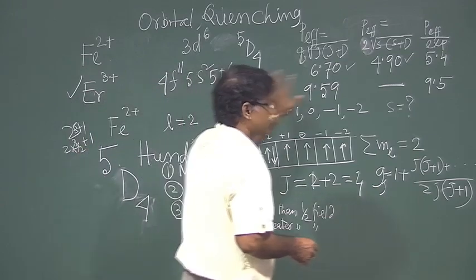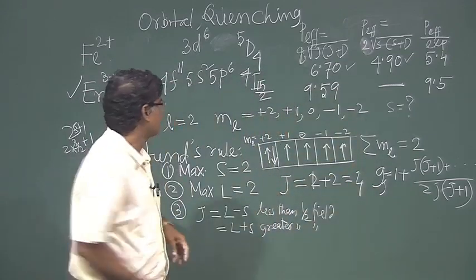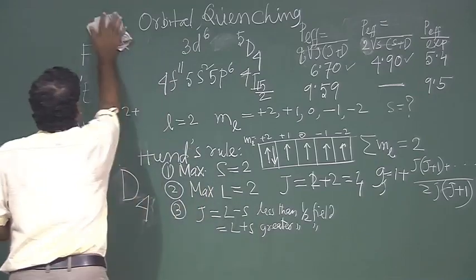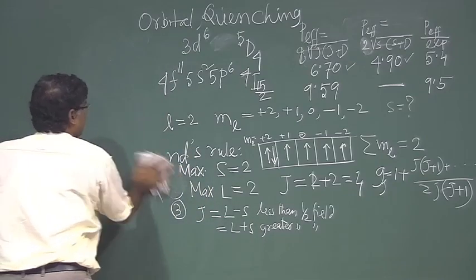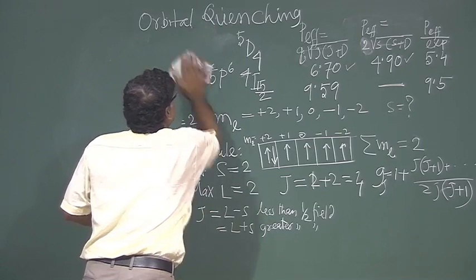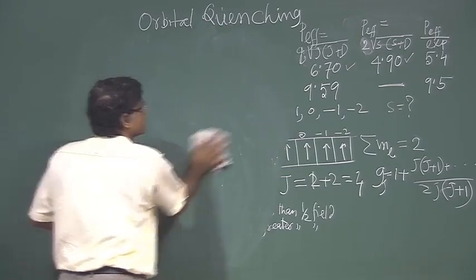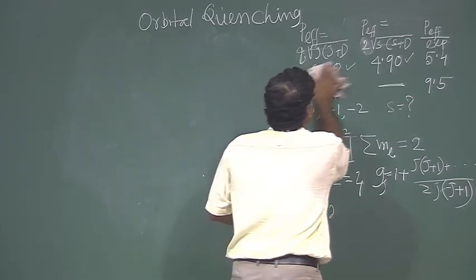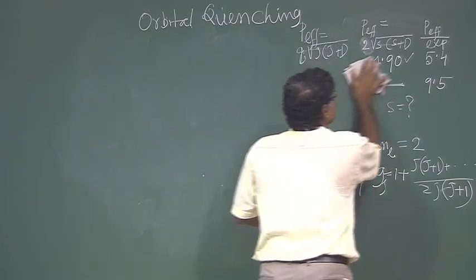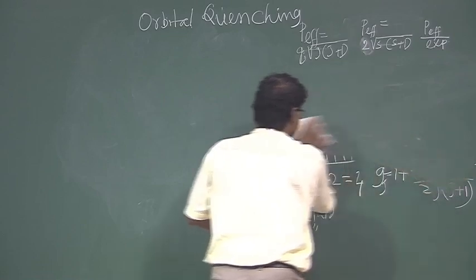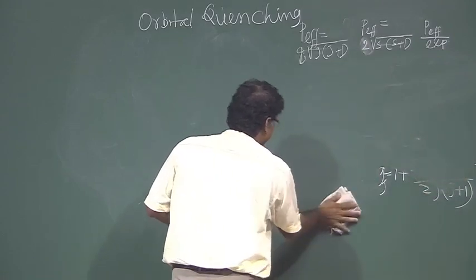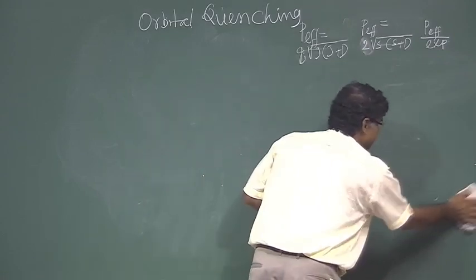From this we conclude that salts of the iron group are paramagnetic, but the P effective value we are getting tells us that L is quenched, L is not contributing.